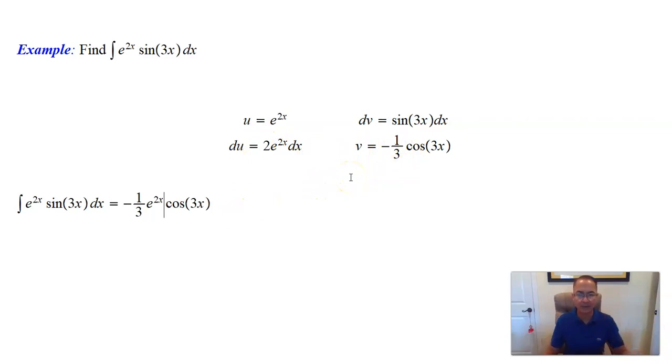So this happened earlier. We had a minus sign in our v or du, doesn't matter. Minus, minus. Once again, we're going to get plus. So I'm going to skip that step where we have two negatives. Minus, minus, so plus, and then 2/3. Multiply the 2 and the 1/3. The constant is 2/3. And we get e to the 2x dx multiplied by cosine of 3x.